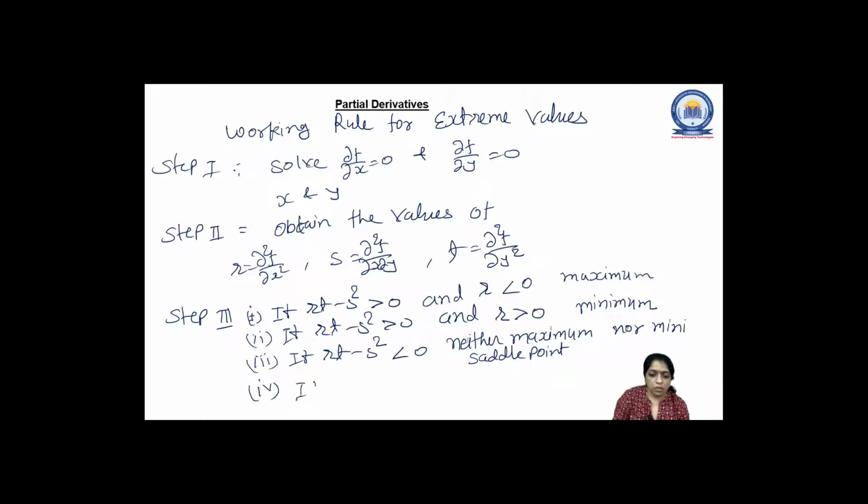Fourth rule, if R T minus S square is equal to 0, then no conclusion is there.